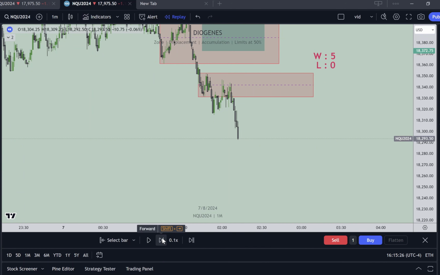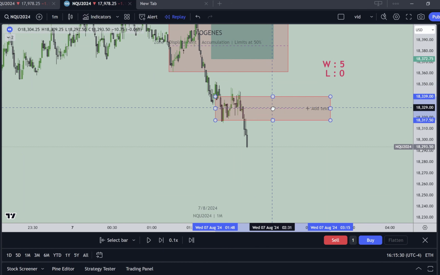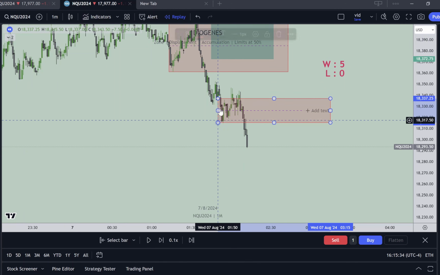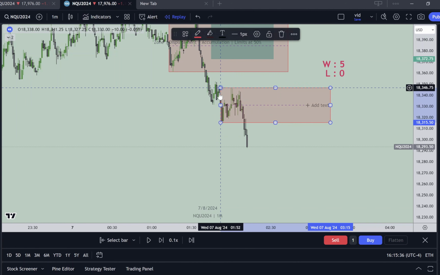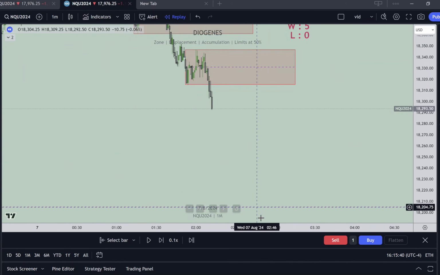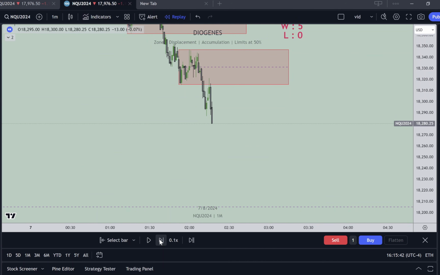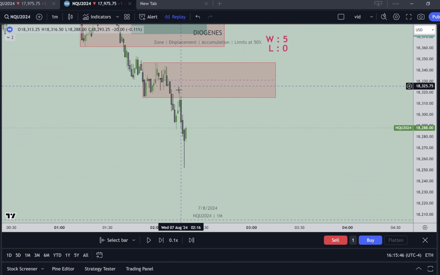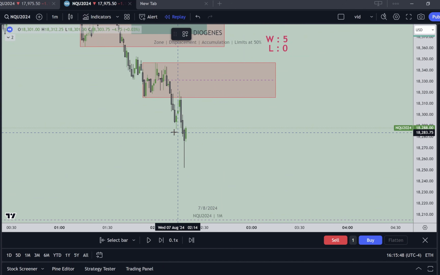Okay, cool. Now we have my new protected high, this one, and my new weak low, this one. So will they give me another trade? They just touched it and left.